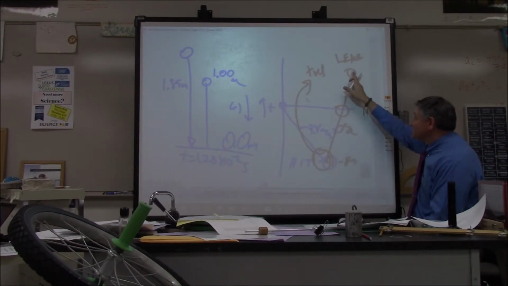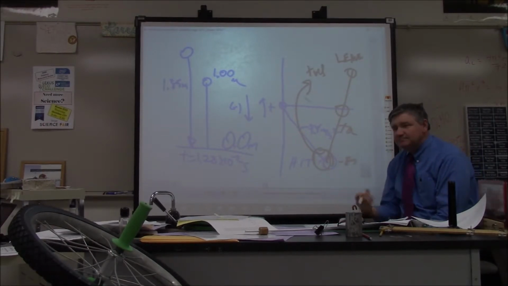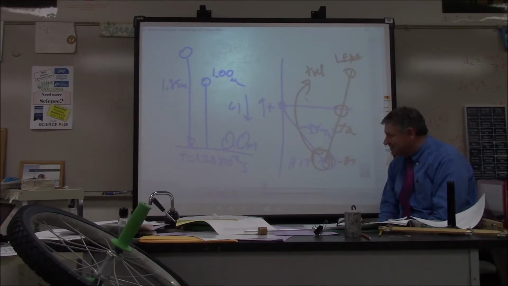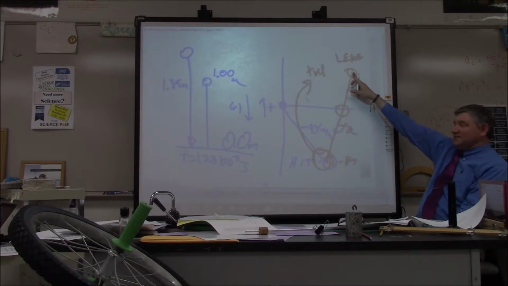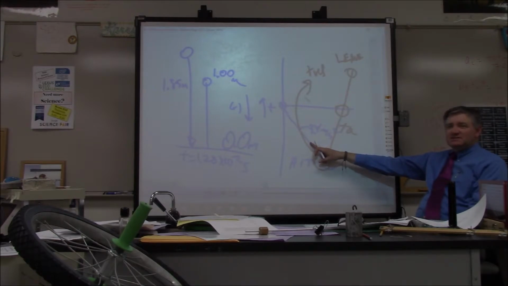Leslie, as soon as it leaves the floor, what does it start to do? Slow down. At what rate? Negative 9.8 meters per second squared. So what's this line going to do then? Go down. Is it going to be the same slope as this line? Yes.